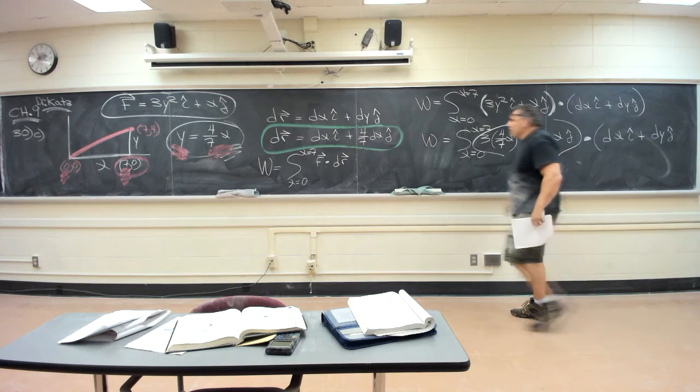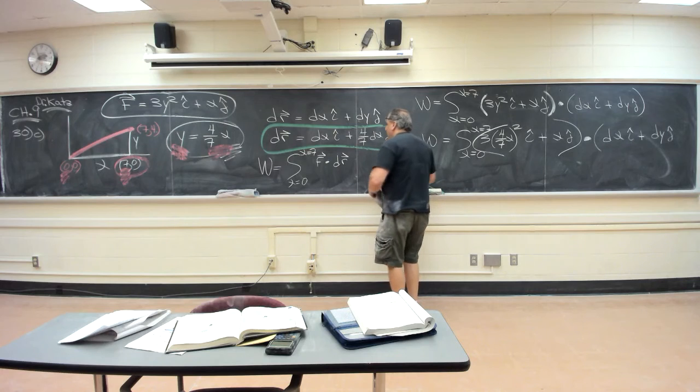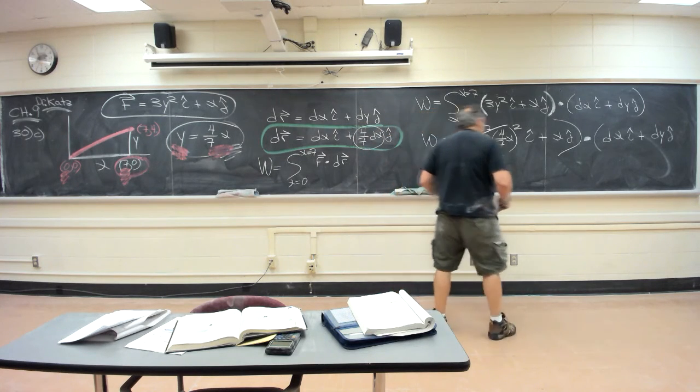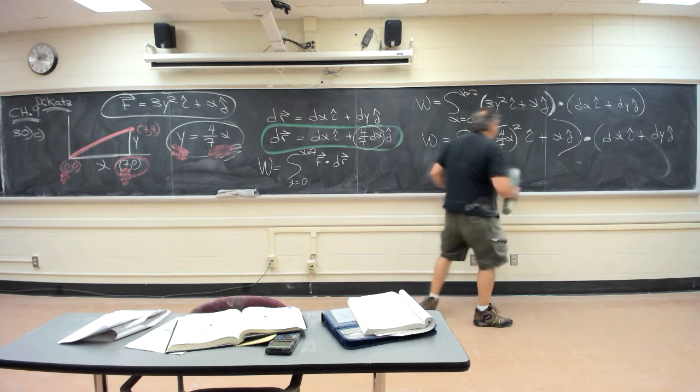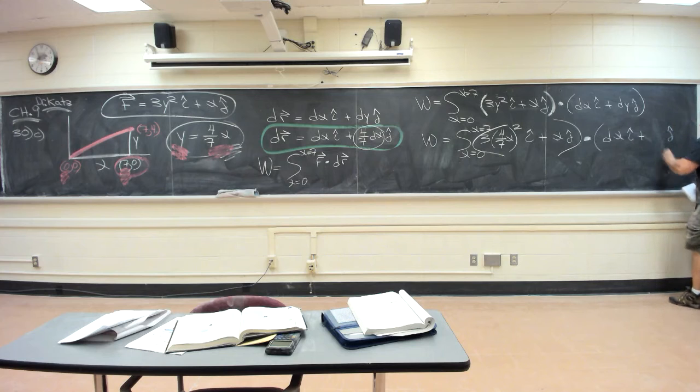Forgive me. Yeah, it is dy j hat, but what is dy? We just delivered that speech earlier. dy is 4/7 dx. What have we accomplished here?